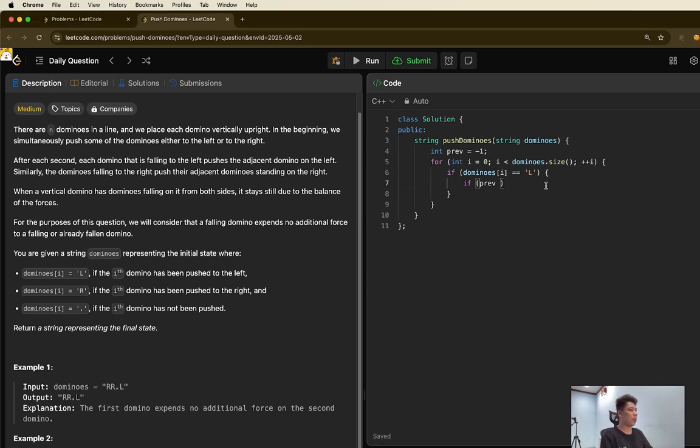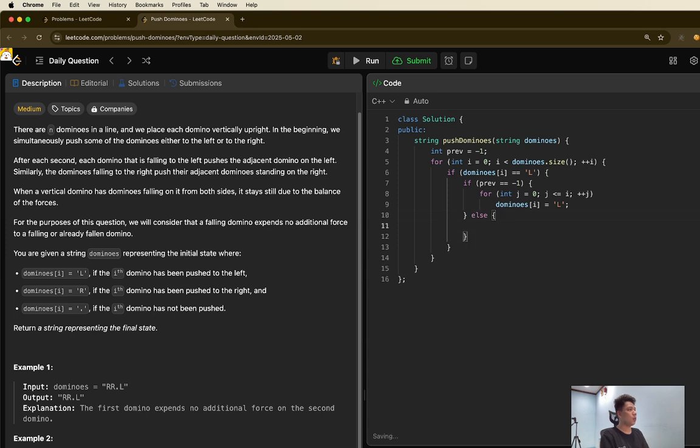Okay, if previous is, let's consider this case first. Then the elements from the right to here are assigned to left because they are falling to the left.